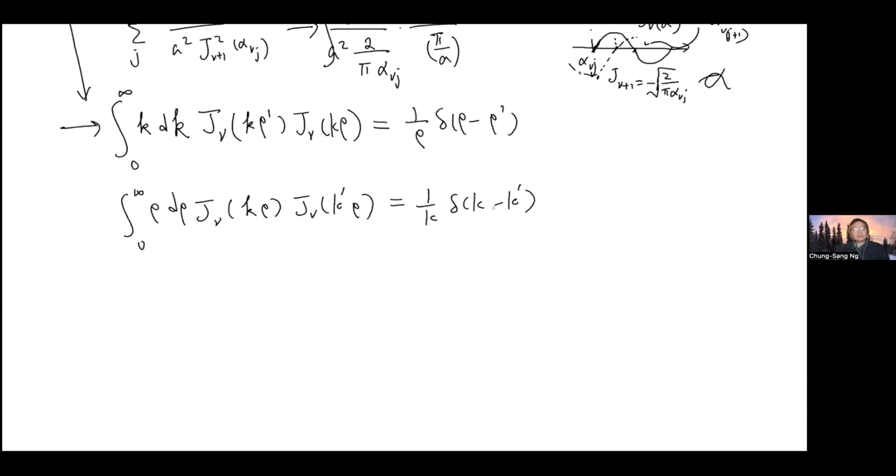Now we can use the completeness condition to do the transform. So now what we call this, instead of Bessel transform, is called the Hankel transform. f rho is given by k dk.